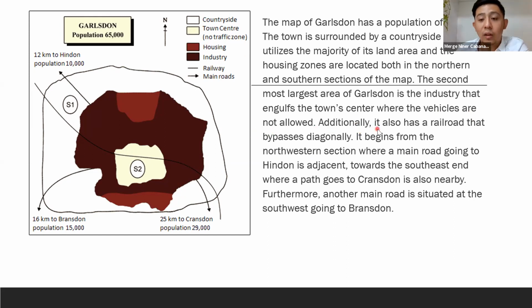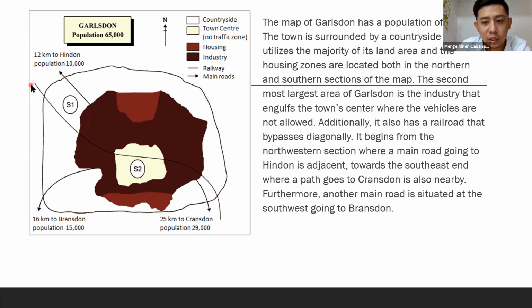Additionally, it also has a railroad that bypasses diagonally. So here's the railroad. Is it diagonal? Yes, it's a curved diagonal line. All right, so here is your railway that bypasses the town diagonally. It begins from the northwestern section. Again, here is the north. West is your right, so your secondary direction.